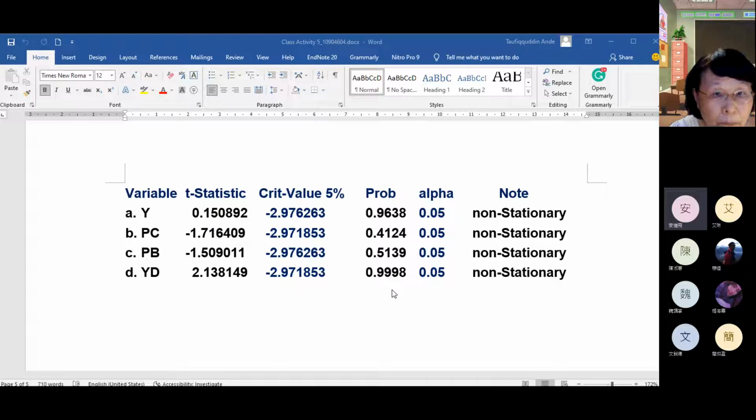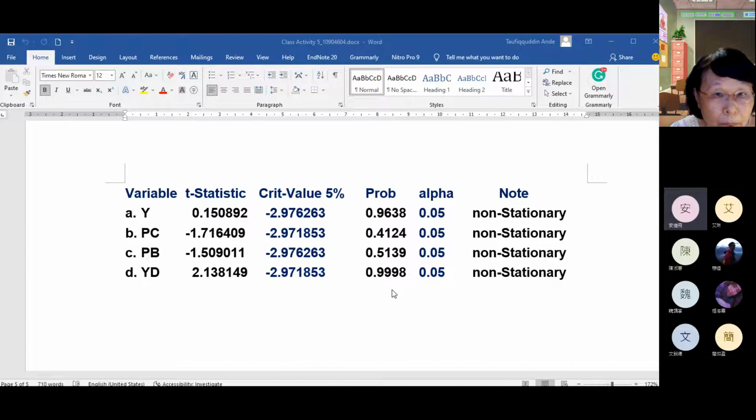And then the last one, variable YD, the statistic is 2.138149, and the critical value is negative 2.971853, probability 0.9998, alpha 0.05, non-stationary.